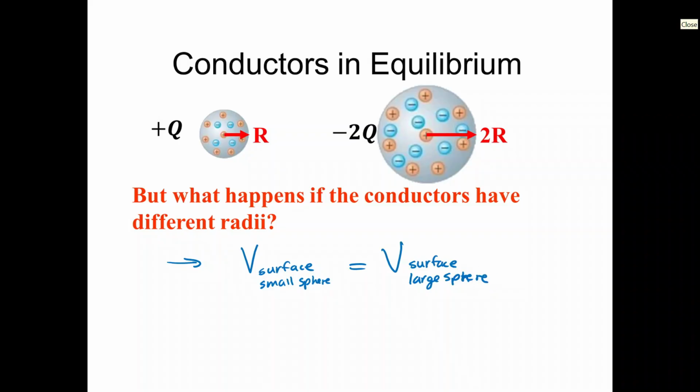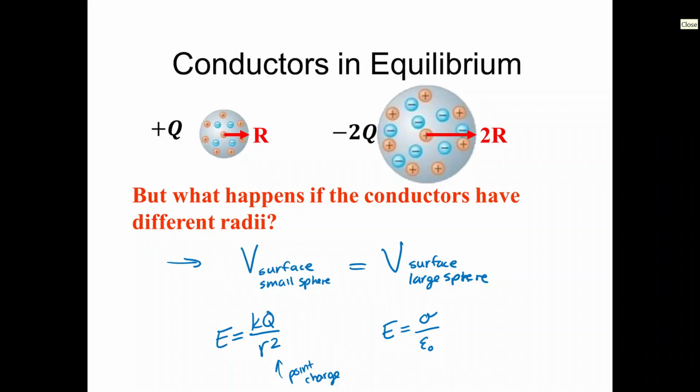Well, how do we know what that V is? Well, we found with Gauss's law in the previous unit that our electric field was equal to kq over r squared. And we found that this was actually true for a point charge, and we said that the electric field was equal to sigma over epsilon naught for any conductor.